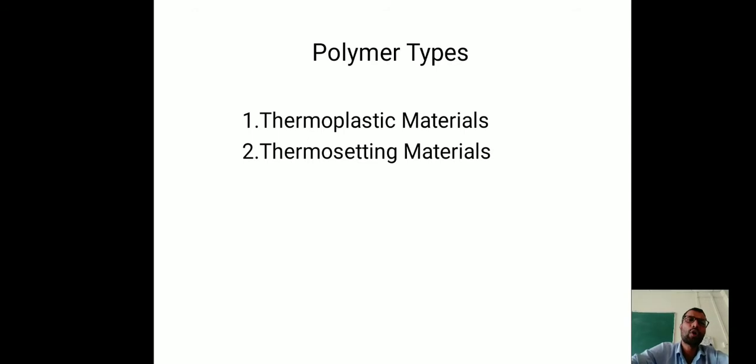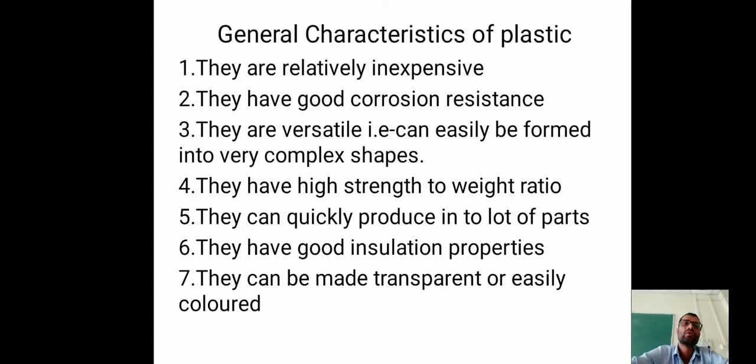After that, polymers are divided into two main categories: thermoplastic and thermosetting polymer materials. Then we have discussed the different general characteristics or properties of plastic. Due to such properties of plastic, it is very popular nowadays compared to metals.